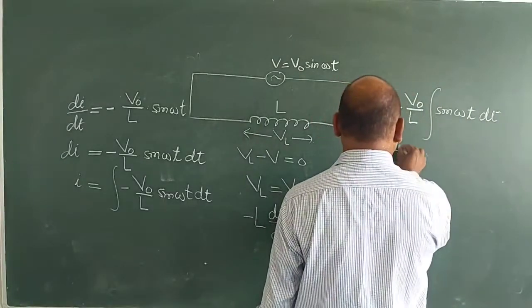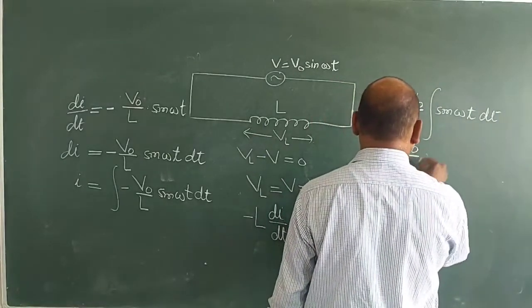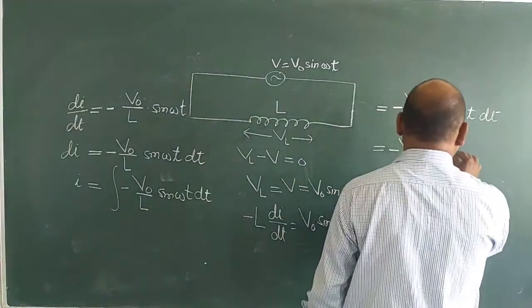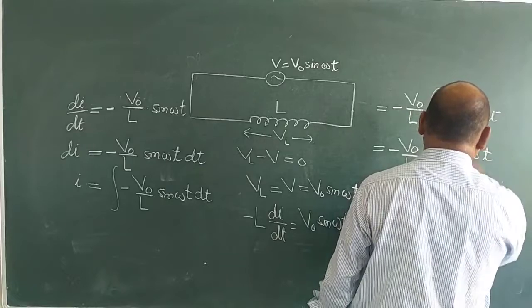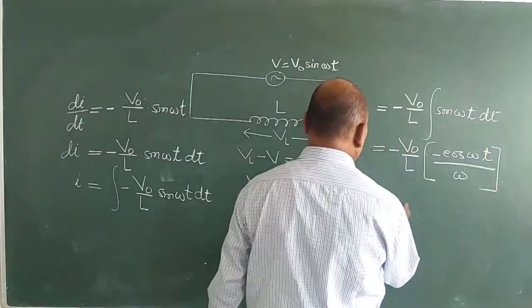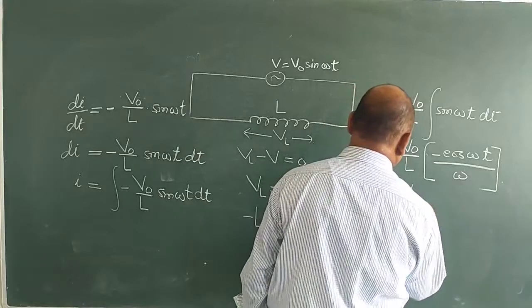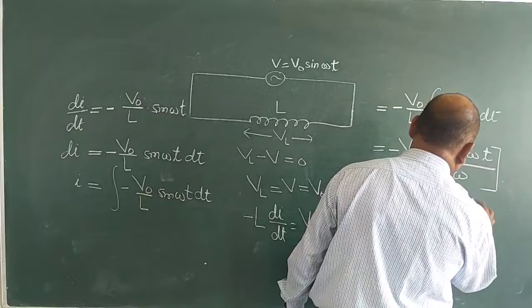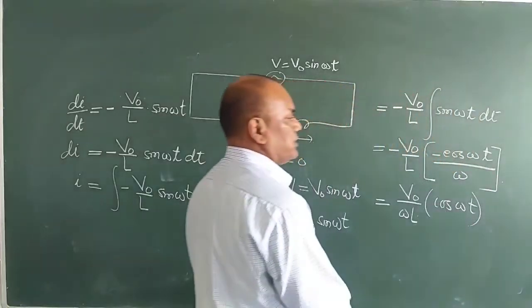Integrating sin omega t, we get minus cos omega t divided by omega. So this becomes V0 by omega L into cos omega t.